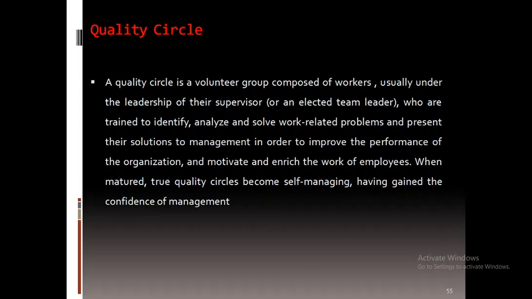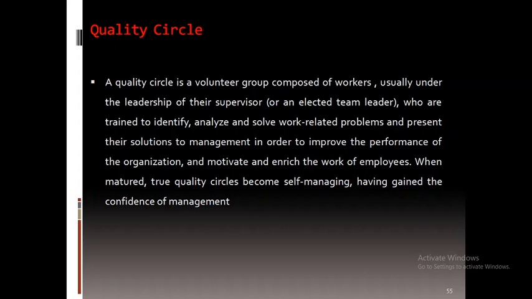Along with that, there should be a positive attitude. Whatever members are involved in solving the problem must show a positive attitude in the quality circle. The circle deals only with problems whose solutions lie within its own control.